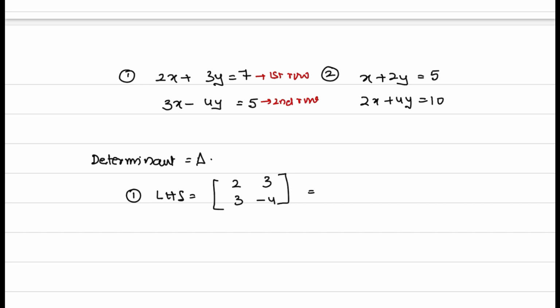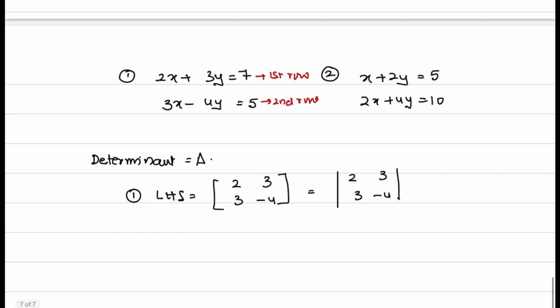Now, for this matrix, let us find the determinant. The determinant is put between two vertical lines, like an absolute value. Determinant is a value, whereas a matrix is an array.